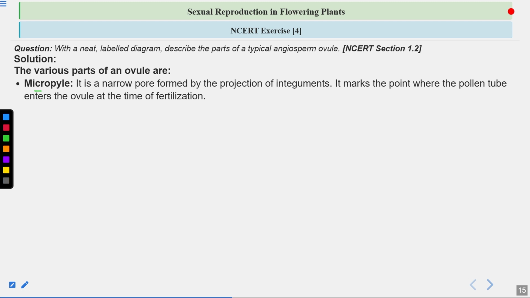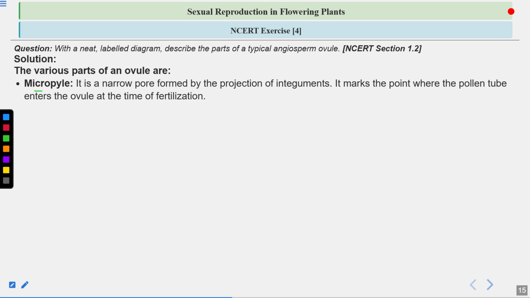Now the micropyle, you can say this is just a pore-like structure, right? It is a narrow pore formed by the projection of the integuments. From both sides, the nucellus is covered by the outer and inner integument, and this integument is not joined at one particular point. That is the micropyle, right?